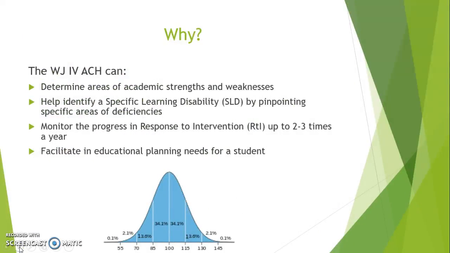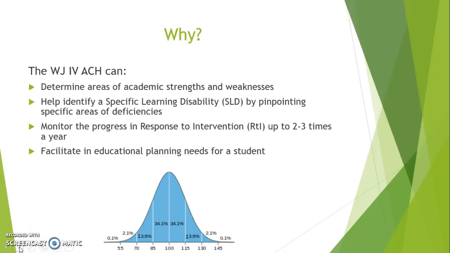Now, why did our school choose the Woodcock-Johnson 4? Well, this test determines areas of academic strengths and weaknesses that a student may have. It helps identify a specific learning disability by pinpointing the specific areas of deficiency that are shown in the subtests.